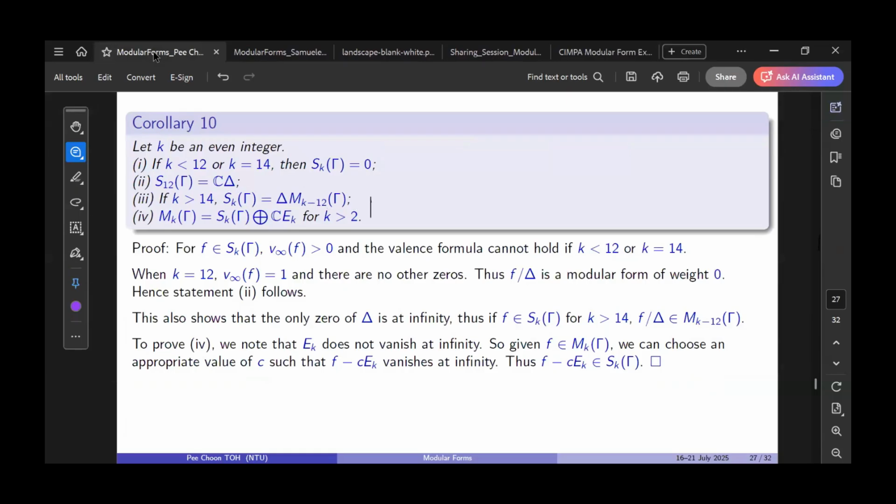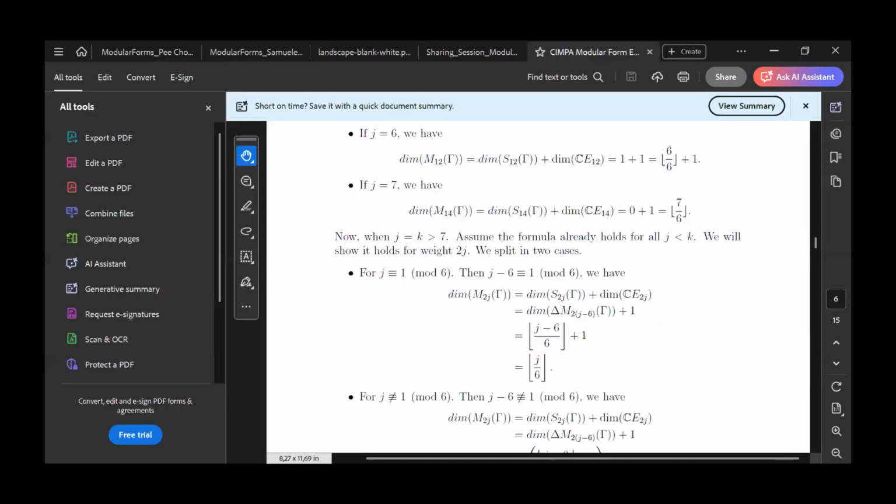Use these two properties. And for J equal to 8, the first one is like, yeah, we can prove it.